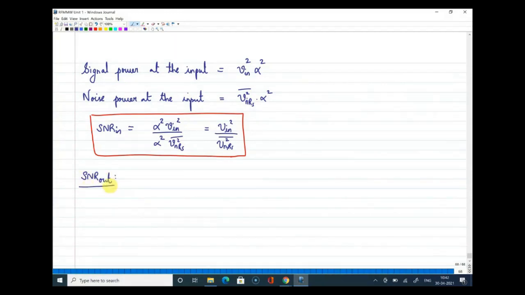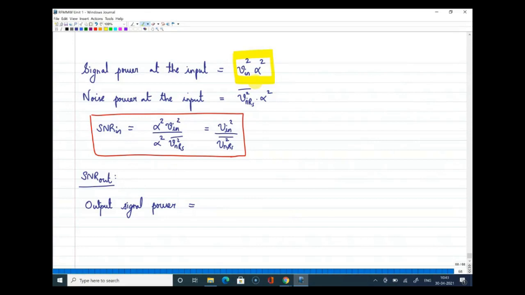Now moving on, if I want to write SNR output, to find SNR at the output, I should know what the output signal power is and what the output noise power is. So what is output signal power? Signal power at the input is this value, Vn square alpha square.